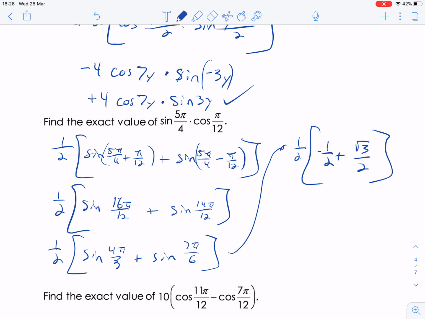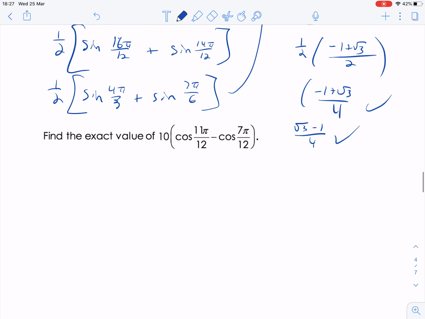So we get 1/2 times negative 1 plus square root of 3 over 2, which gives us negative 1 plus square root of 3 over 4. Okay, you could also write that as square root of 3 minus 1 over 4. Both same thing.